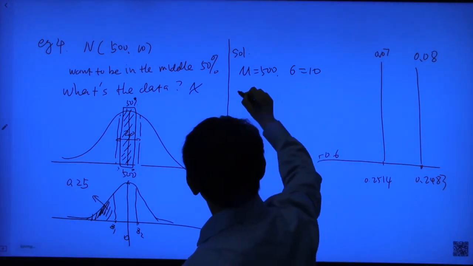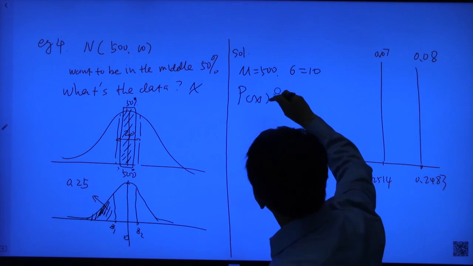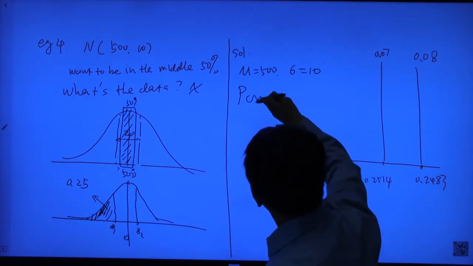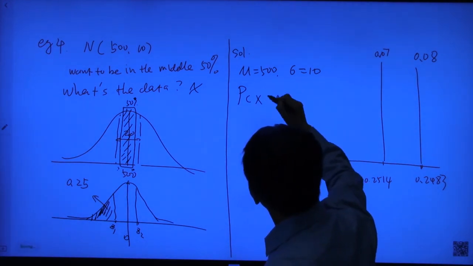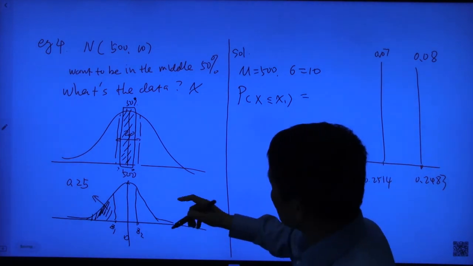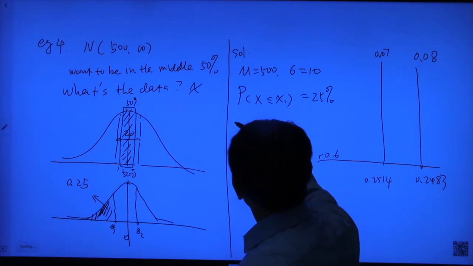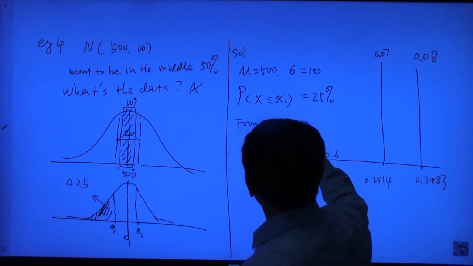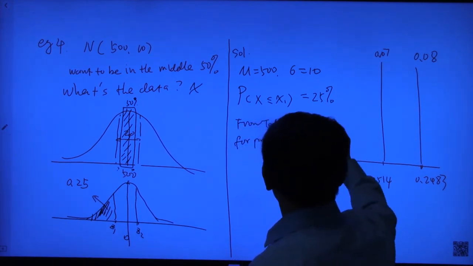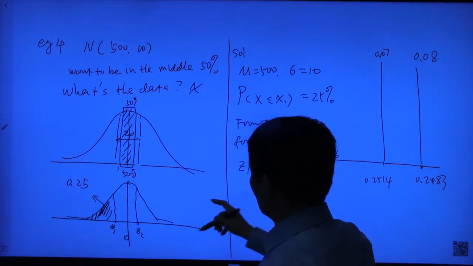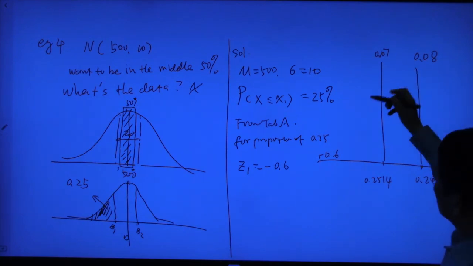The proportion for x, we write x1 as the first one: the probability of x less than or equal to x1 equals 25%. From table A, for this proportion of 0.25, the z-score z1 will be negative 0.675, using the middle number.